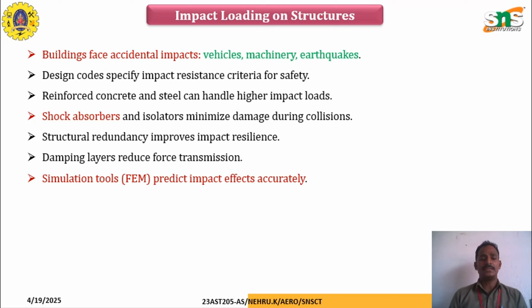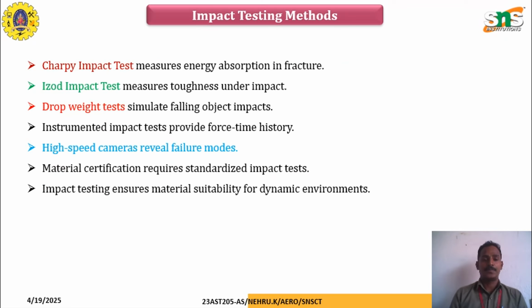Structural redundancy improves impact resistance, resilience, and so on. Damping layers reduce the force transmission from one part to another, so that the energy can be absorbed and the failure can be reduced. Simulation tools like FEM predict the impact effect on the structure, so that the accuracy can be increased.